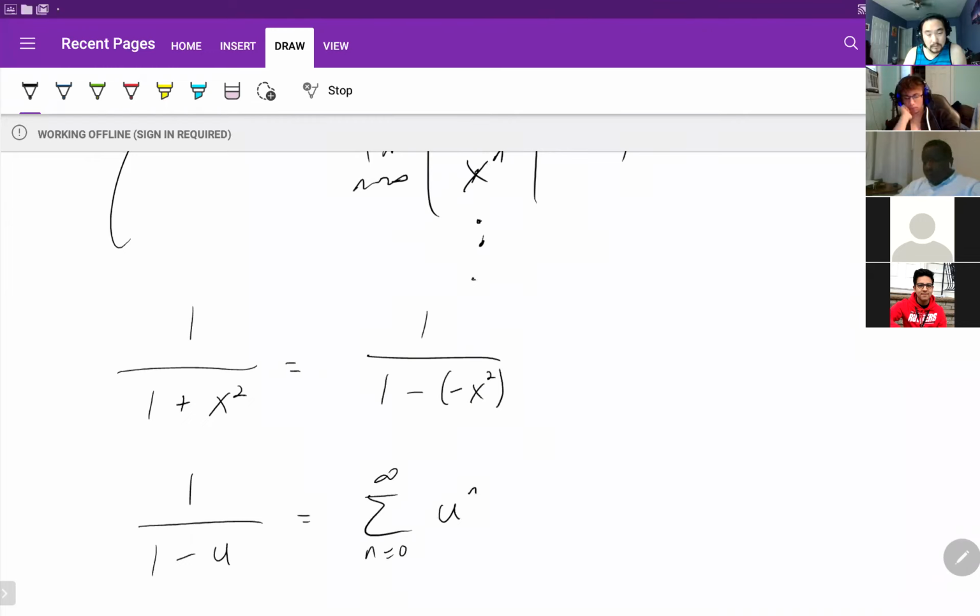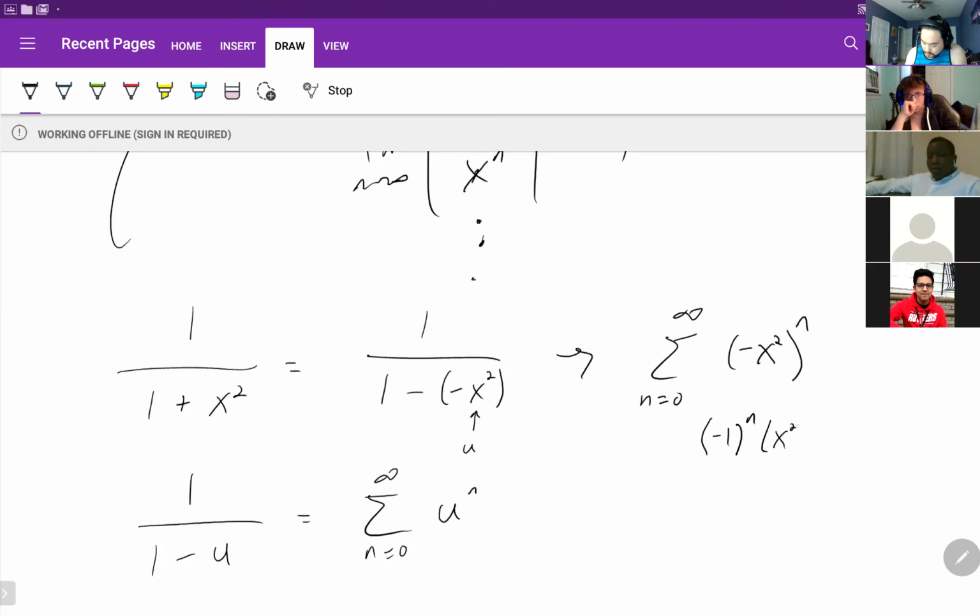Does that make sense? In this case, u is negative x squared. So this would become the sum of negative x squared to the n, from n equals 0 to infinity. And I can rewrite this as an alternator times x squared to the n.